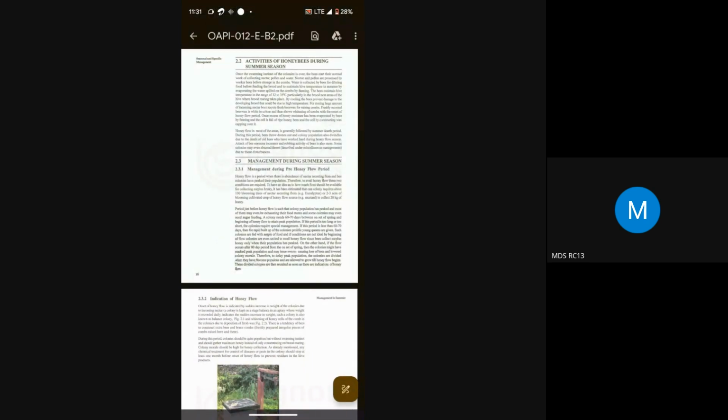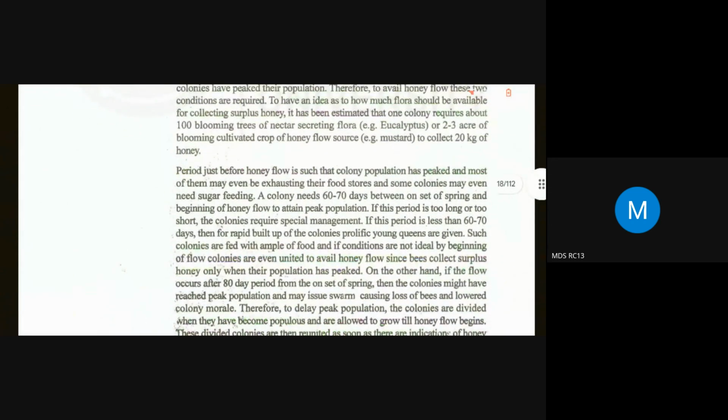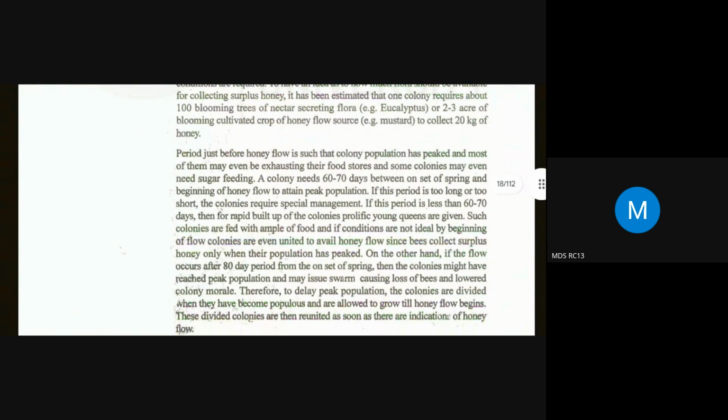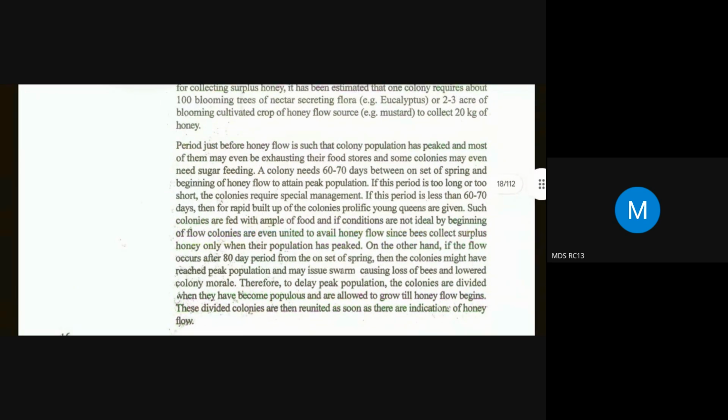Yeah, it is actually practical, as the bee worker usually collects from 500 meters to 600, 800 meters. They prefer to collect from nearer places.